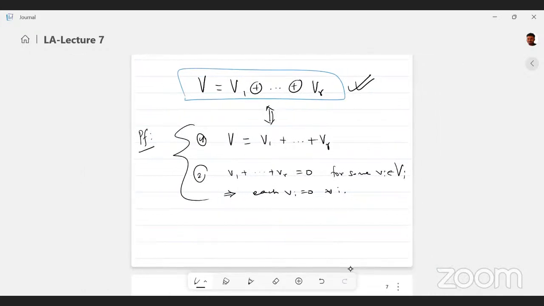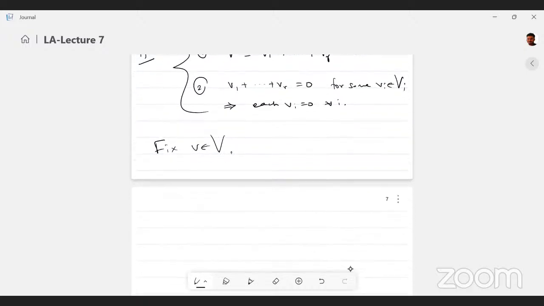Okay, so let's prove. I will prove this first one, and then maybe the second one I will leave as an exercise. It's not that hard to prove. Okay, so to prove the first one, we want to write V as given. Let's fix v in V. We want to write given v in V as a sum of vectors from these capital Vi. The only information that is given is the minimal polynomial.